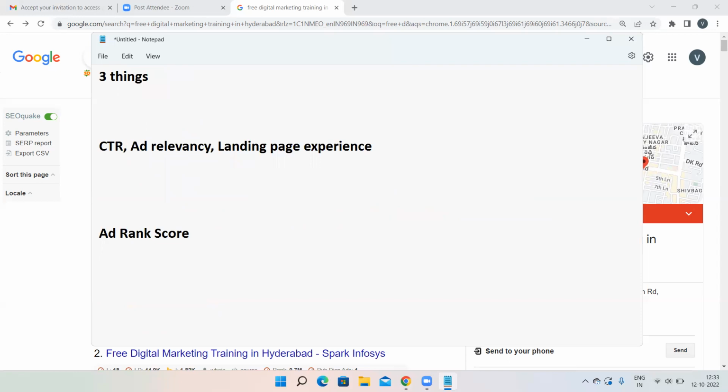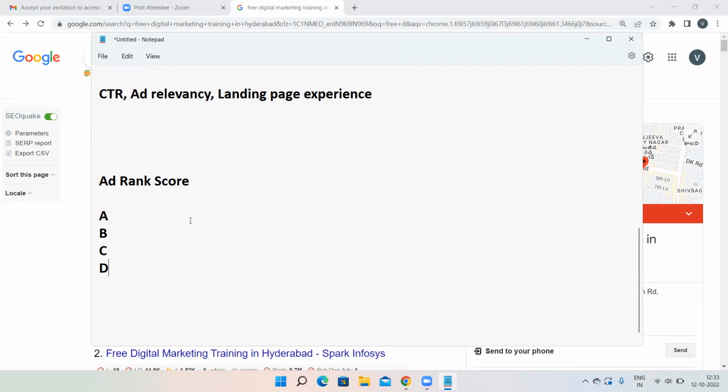Does it mean the person can also indirectly have a higher quality score? If he's targeting the keywords properly, then yes, he will have a high quality score. If his landing page experience is good. Quality score is not only regarding CTR, it's all about ad relevancy and landing page experience also.